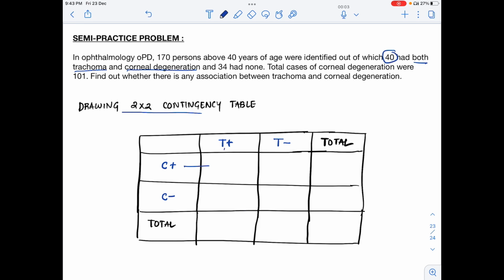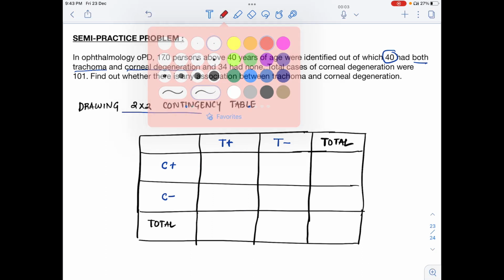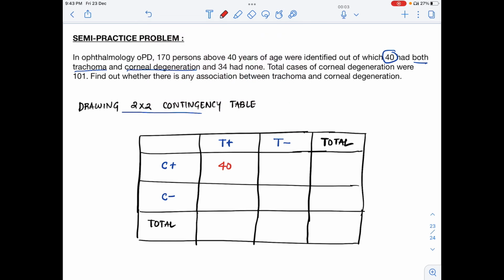So this is for both, right? Let me use red color. 40 had both out of 170. We are given 170, which is the grand total, obviously, right? And 34 had none, which means they were both negative. So it is 34.